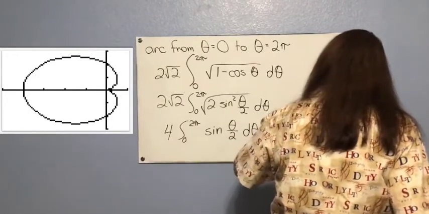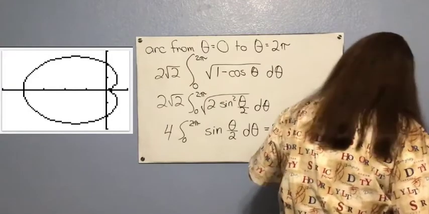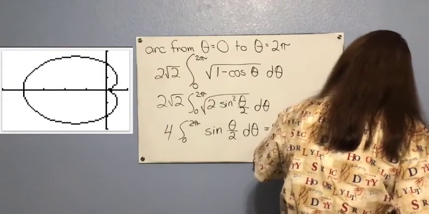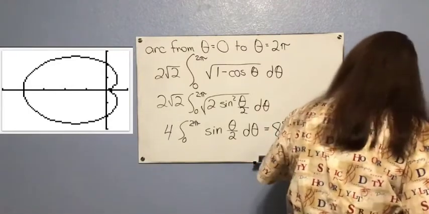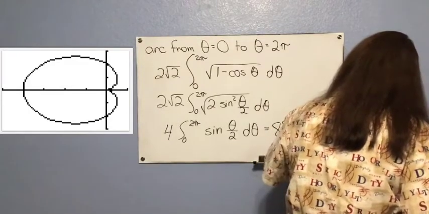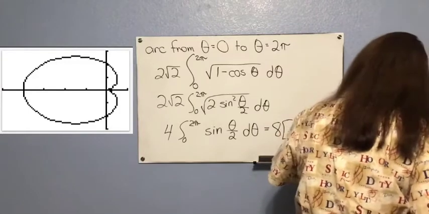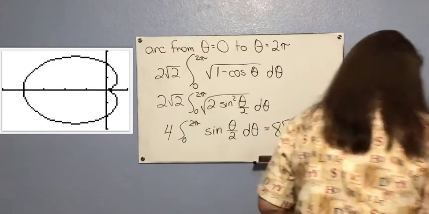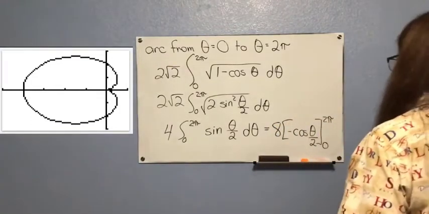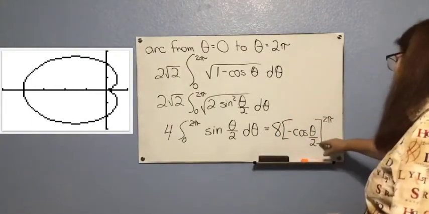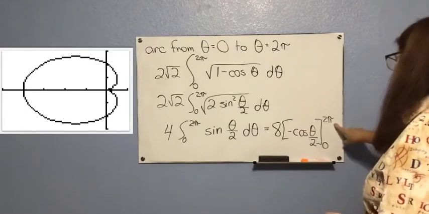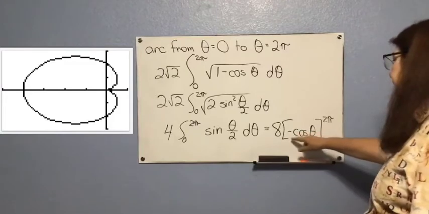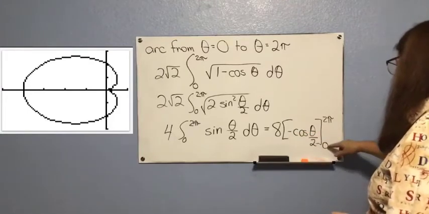which is equal to 8 times negative cosine theta over 2, evaluated from 0 to 2 pi. And then cosine of theta over 2 at 2 pi would be just cosine of pi, just negative 1, and I take the negative, that's positive 1.